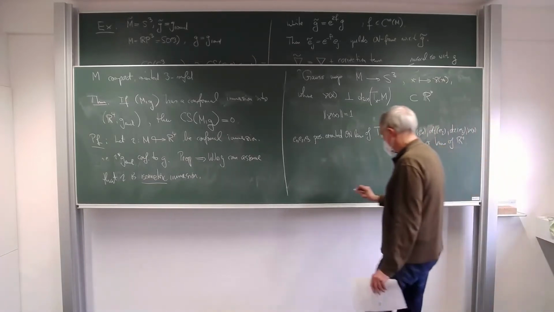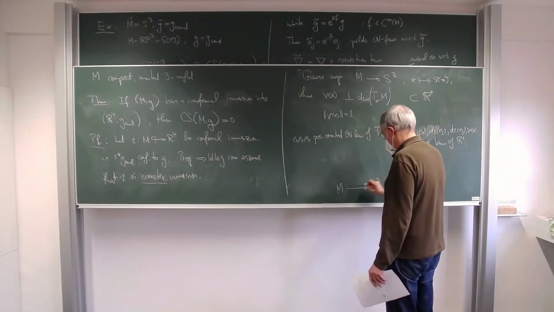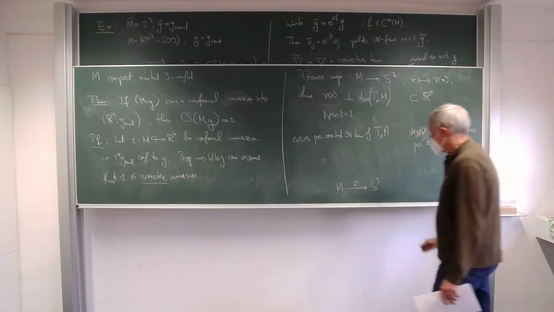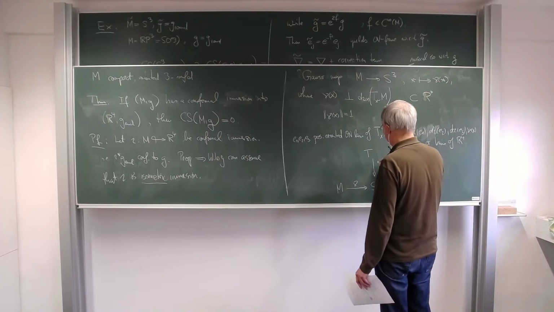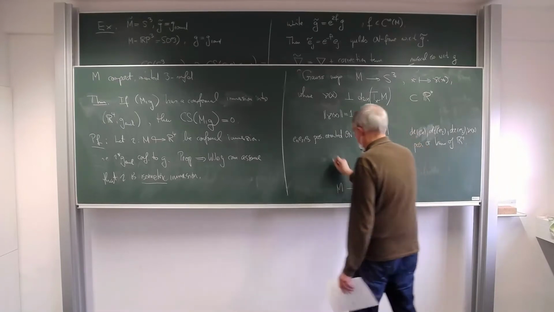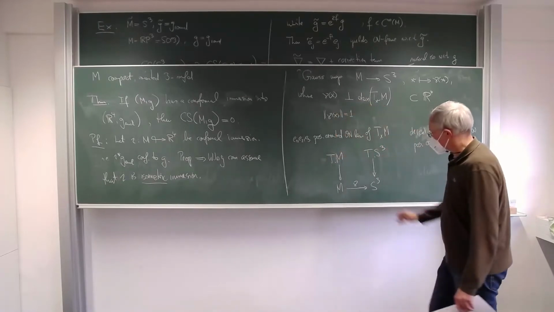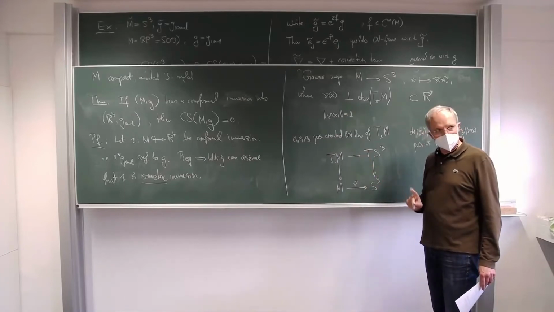And so if we now look at this diagram, we have this map mu from M to the three-sphere, and here we have the tangent bundle of the three-sphere, and here is the manifold M. And now I claim that there's a natural bundle map from here to there, which is a fiber-wise isometry.